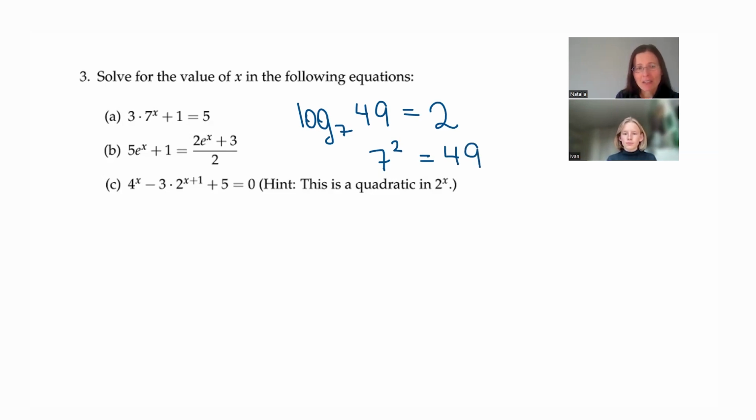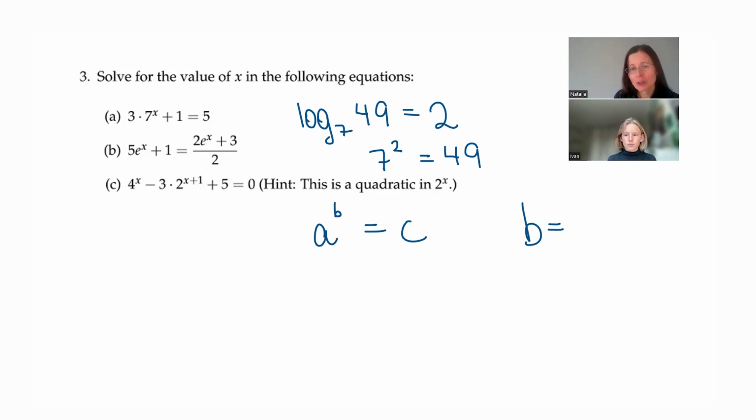So if we have an expression a to the power of b equals c, and we're trying to solve for the exponent, because you see, we will have x's everywhere in the exponents, we will have this task of having exponential form, and we'll need to rewrite it as logarithmic form.